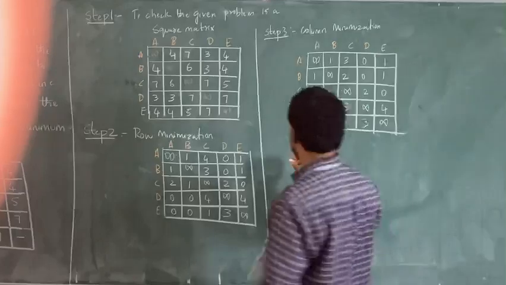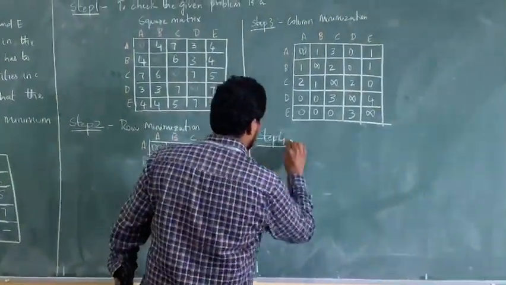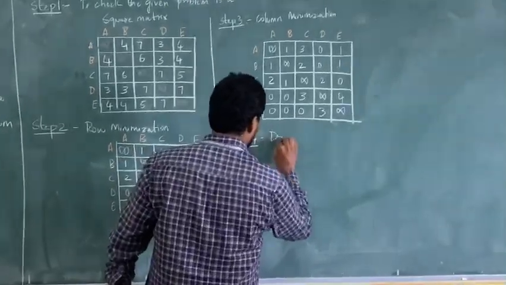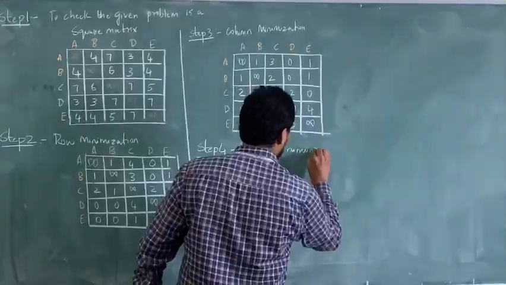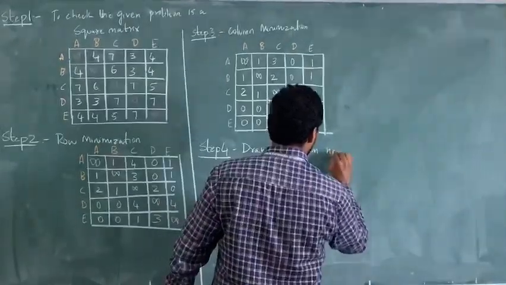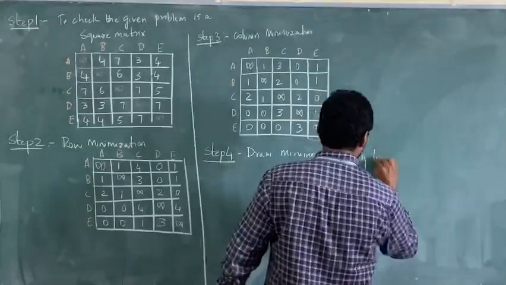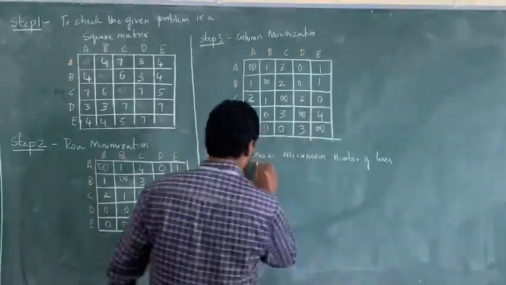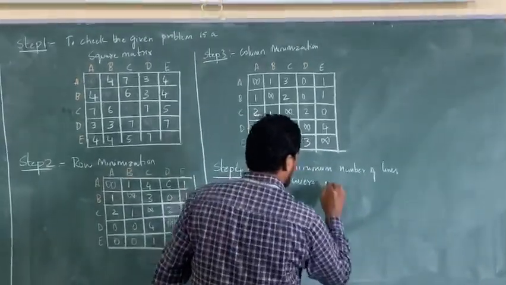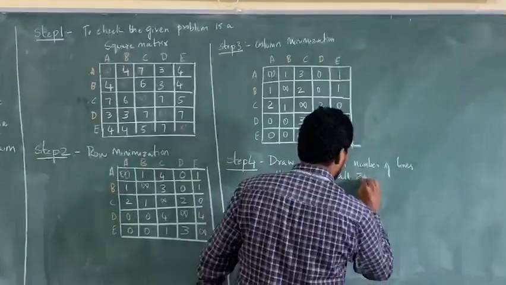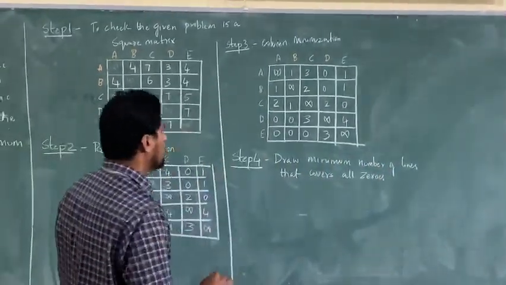Step number 4. So what is step number 4? Step number 4 is draw minimum number of lines that covers all zeros, correct?